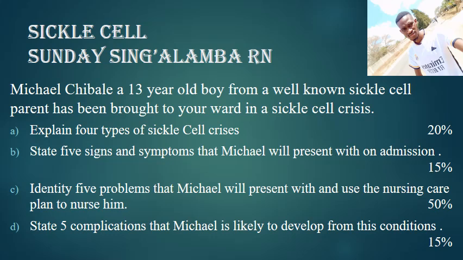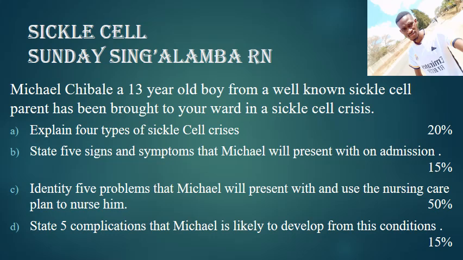Okay, so the stem of the question reads: Michael Chibale, a 13-year-old boy from a well-known sickle cell parent, has been brought to your ward in a sickle cell crisis. Question A, explain 4 types of sickle cell crisis, 20%. Question B, state 5 signs and symptoms that Michael will present with on admission, 15%.